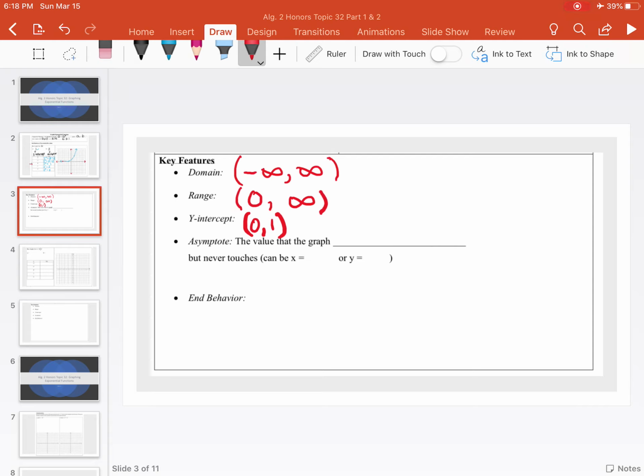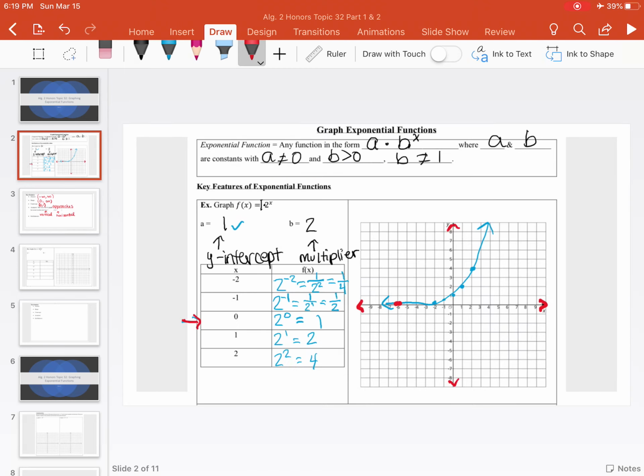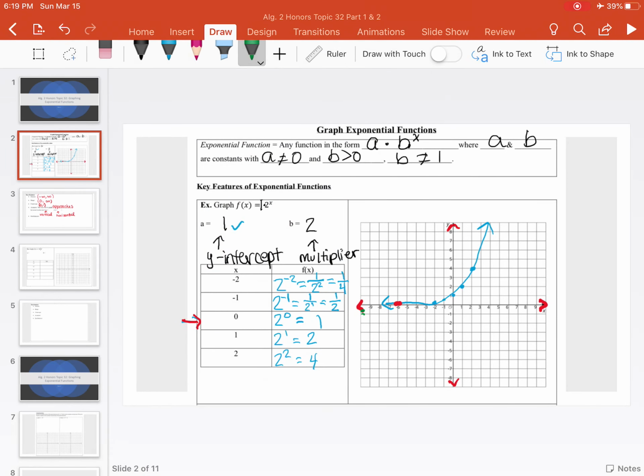And now we're dealing with asymptote. So the asymptote is the value that the graph approaches, but actually never touches. So this can be a vertical line because we're going to write it in the form of an equation, or it can also be horizontal. So if we look at our graph here, the value that our graph always approaches but never touches is right at our x-axis.